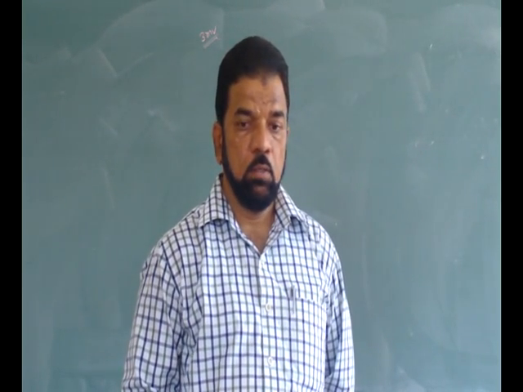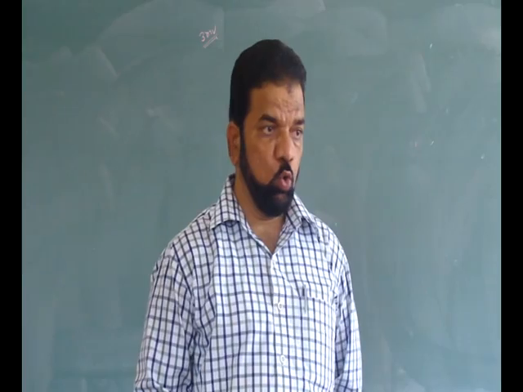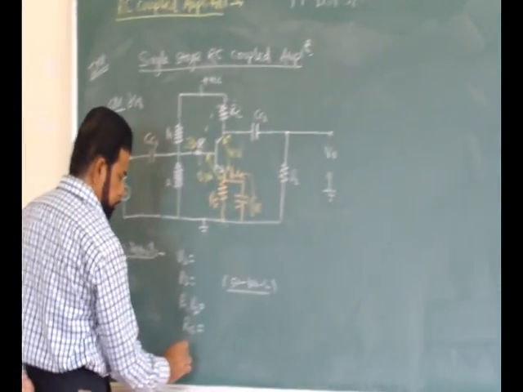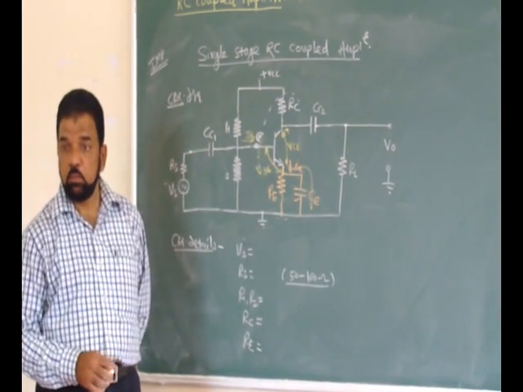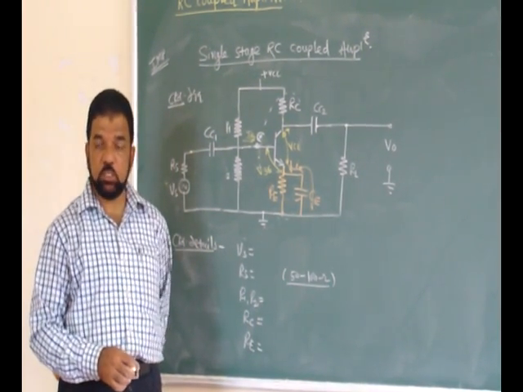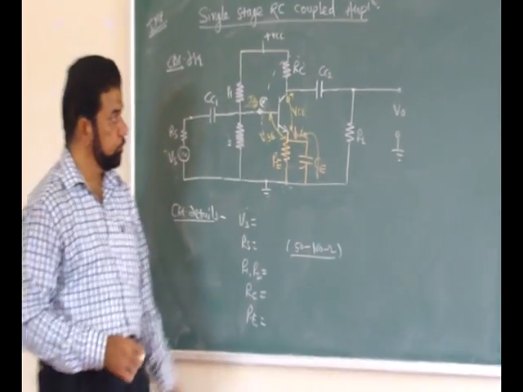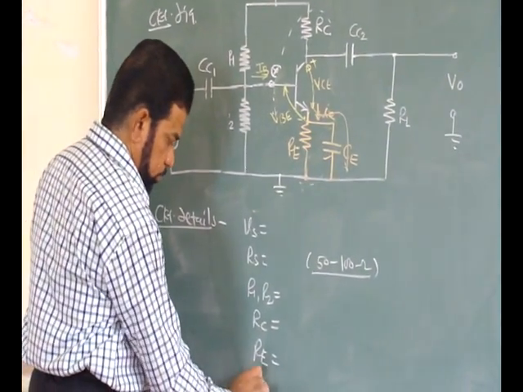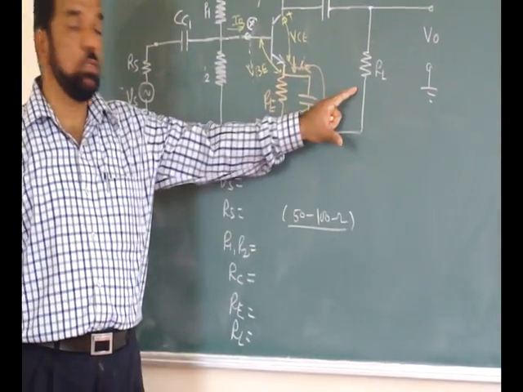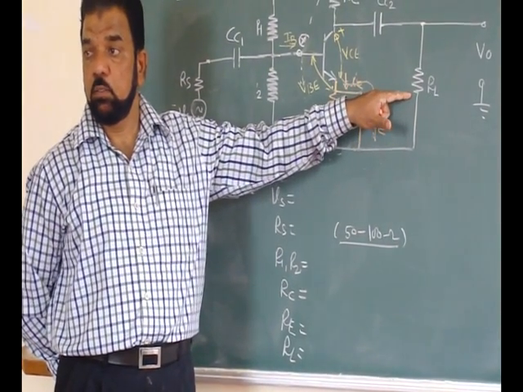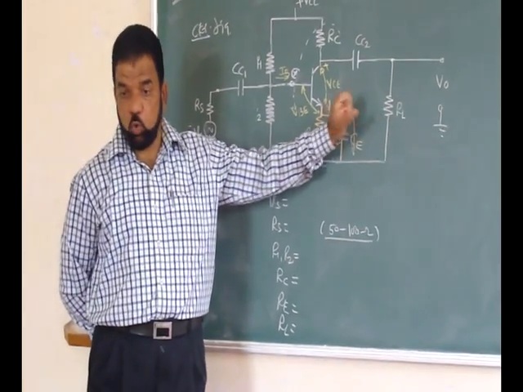Then you have RE. What is RE? Emitter stabilizing resistor. RL is external load resistance.